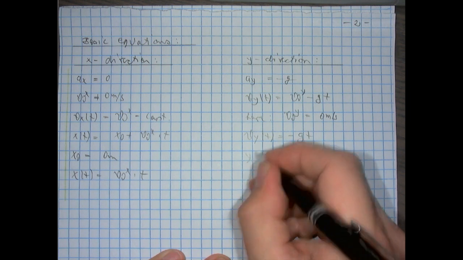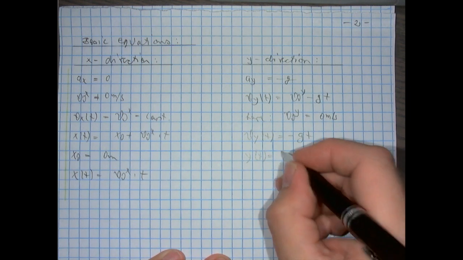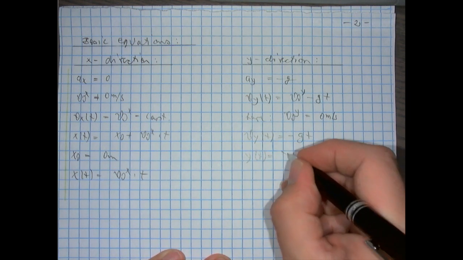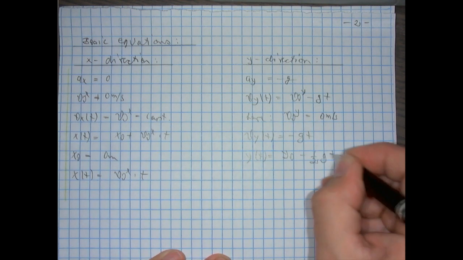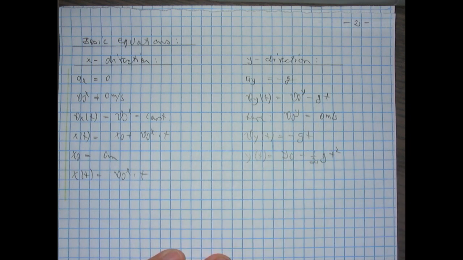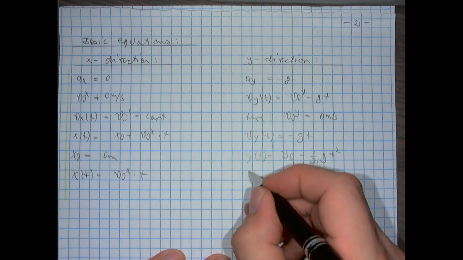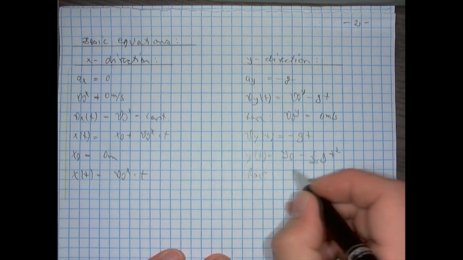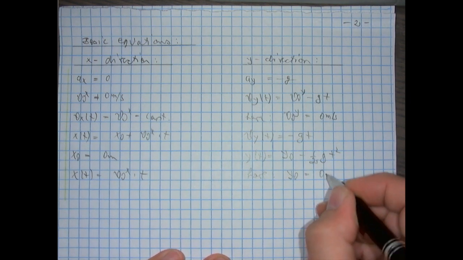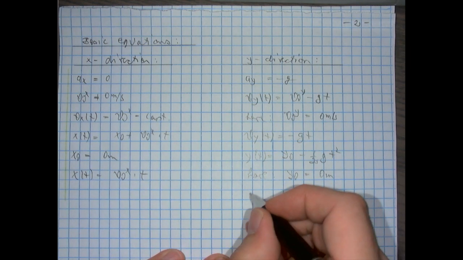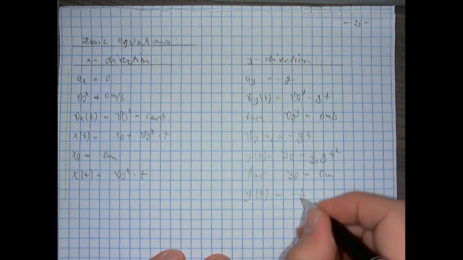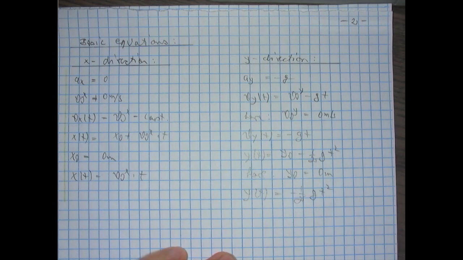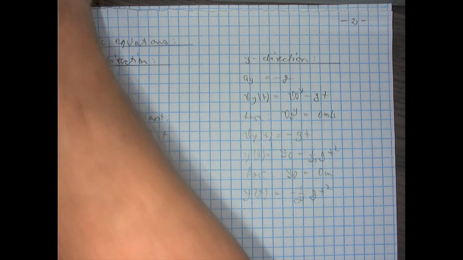And y of t is in general y naught minus a half gt squared, since I already took into account that the initial velocity in y is 0, but now the initial location is also 0 here. Here y naught equals 0. So therefore I have y of t equals minus a half gt squared. So this is something rather simple.